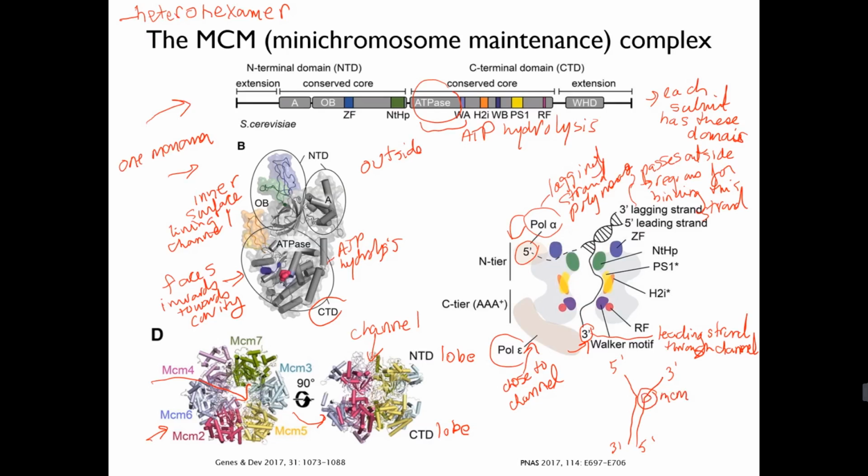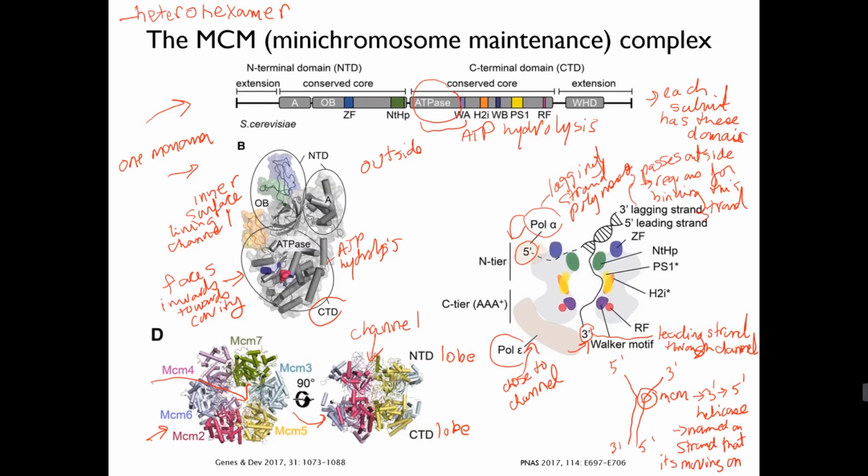So the MCM is a 3' to 5' helicase, and it's named for the strand that it's moving on.